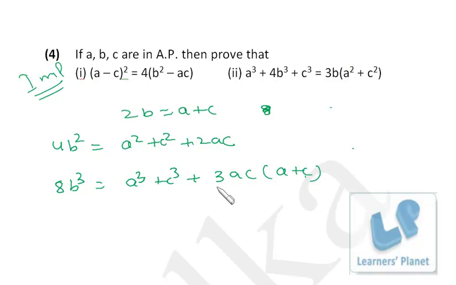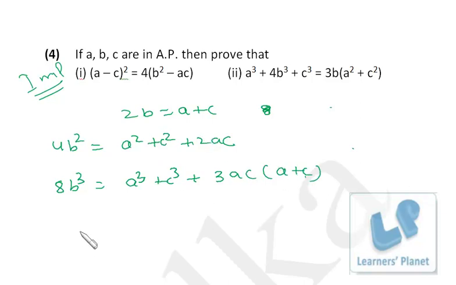Since we require the A square C square term and the A cube C cube term, that's why I'm doing squaring and cubing both. Now we want cubes, but we don't want AC, right? So we can substitute the value of AC from here. So 2AC is equal to 4B square minus A square minus C square. And A plus C is actually 2B.